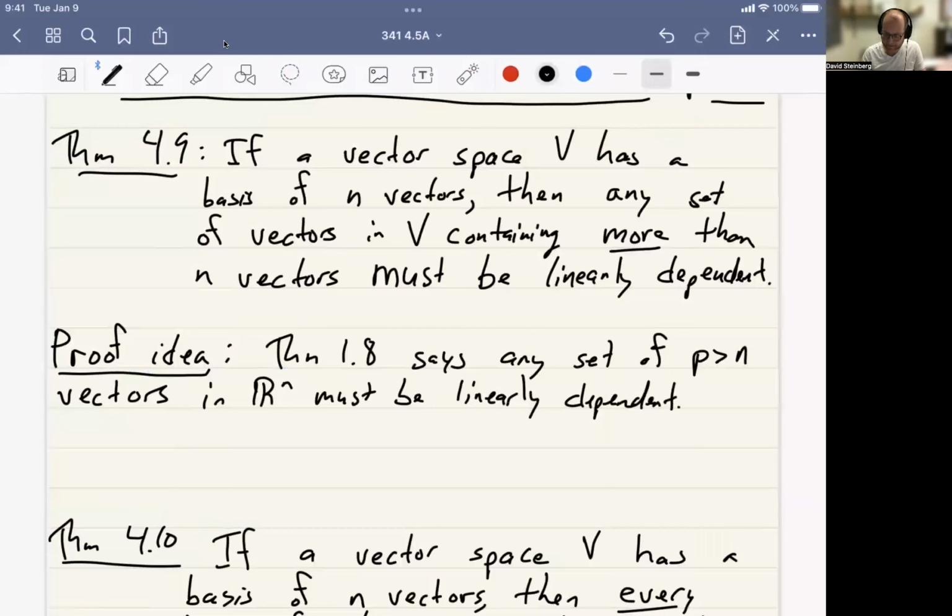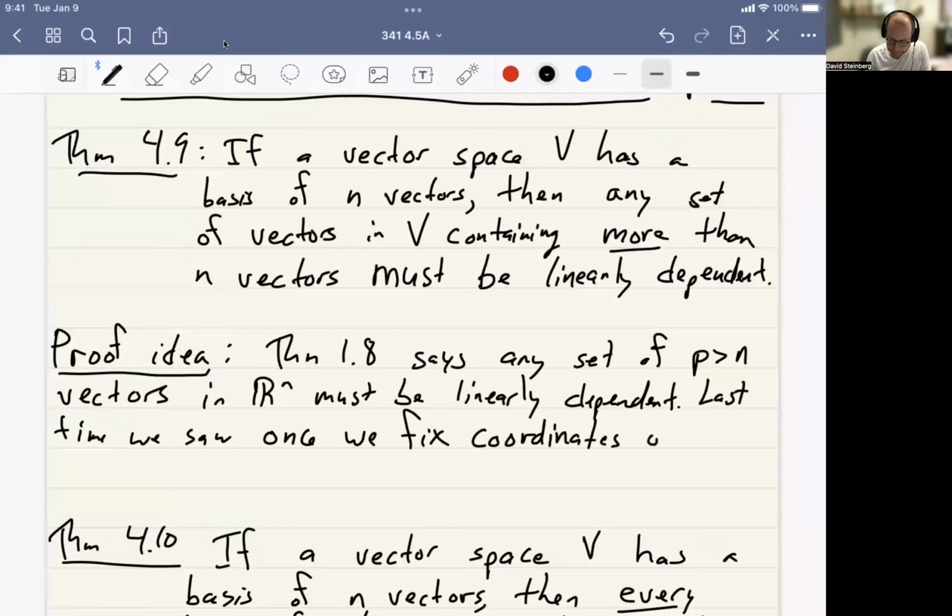And in the last section, we saw the coordinate transformation makes V, once we fix coordinates on V, essentially indistinguishable from Rn.